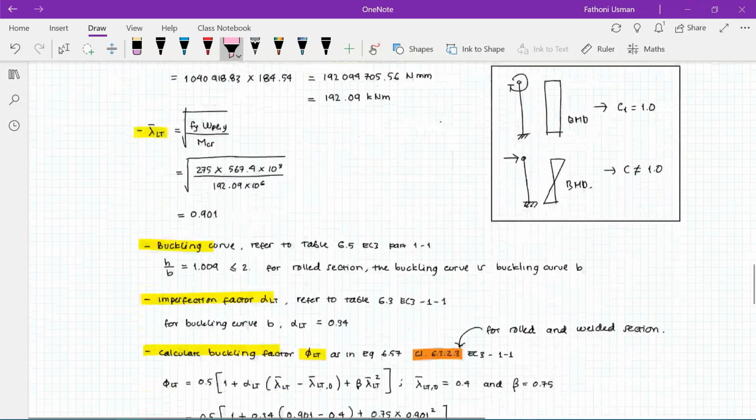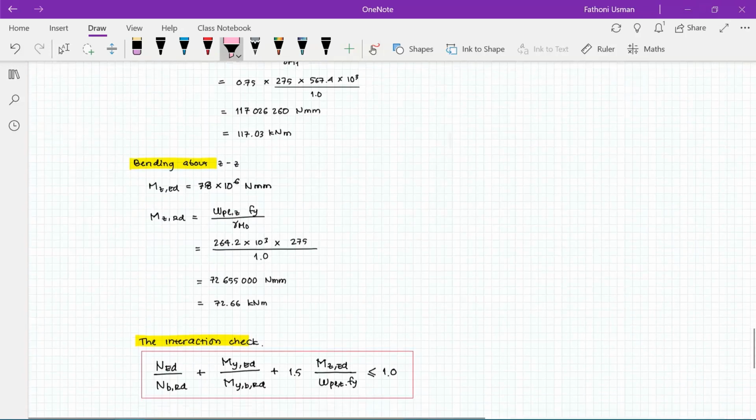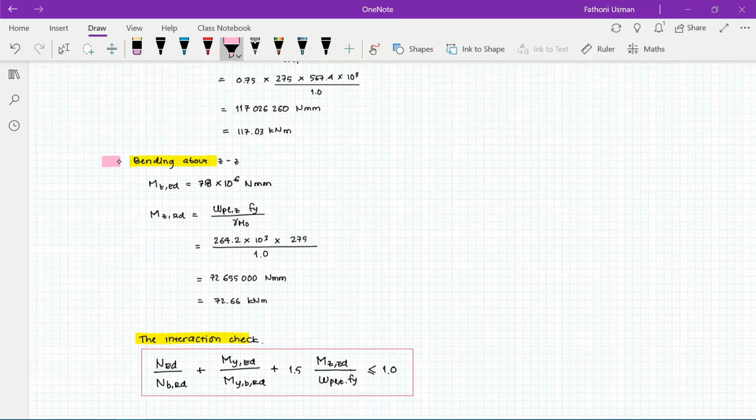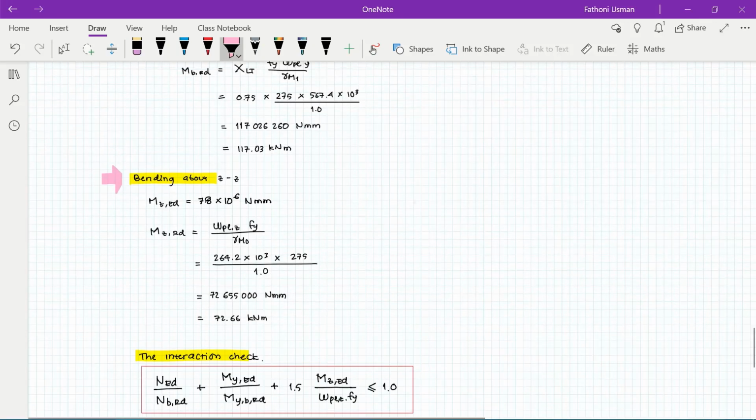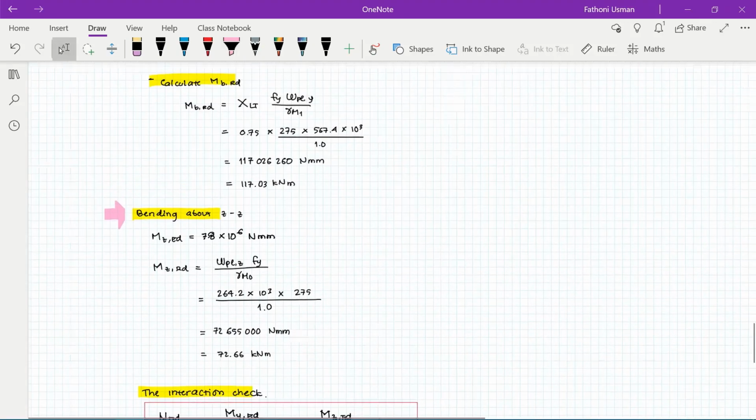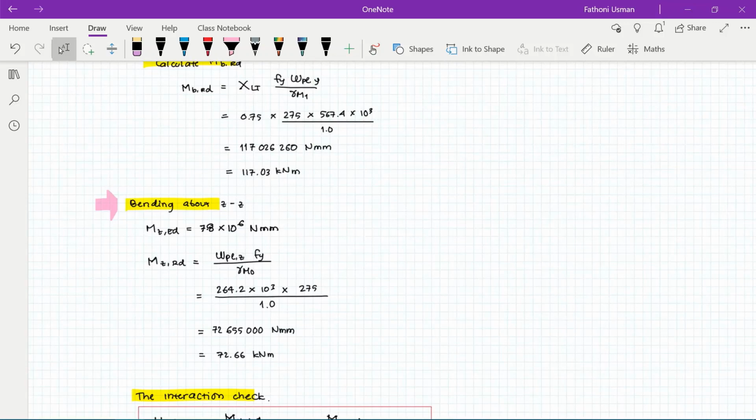Then next, that is the second step, bending about the y-axis, and for the interaction formula, the third step, bending about the z-axis. So MZED we already calculated previously, 7.8 times 10 power 6 Newton millimeter, and for MZRD, the member will not be subject to lateral torsional buckling when bending about the z-axis occurs.